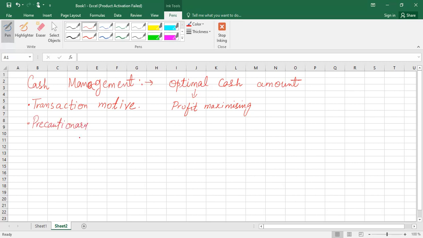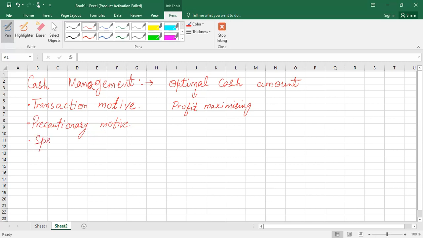We must hold some cash so that if there are delays in recovery and we cannot settle the liability on time, we have sufficient cash in our accounts to settle the liabilities. So for the precautionary motive, we hold a certain amount of cash.